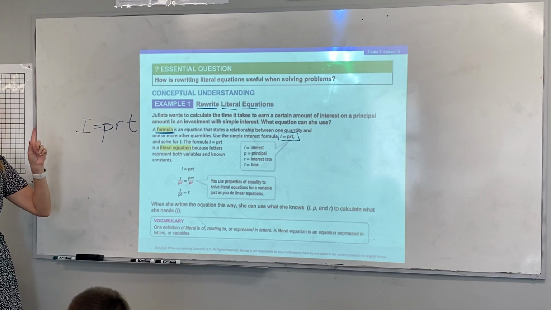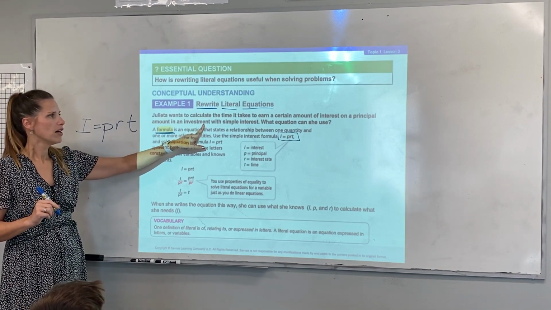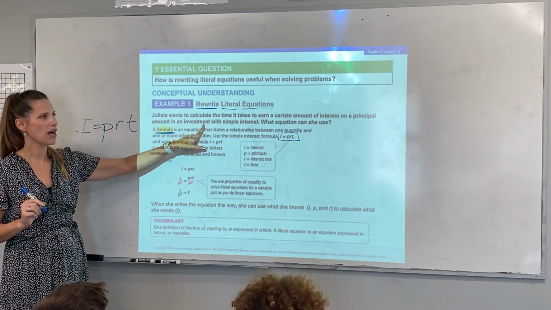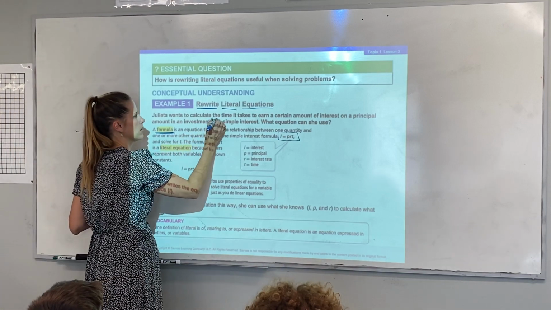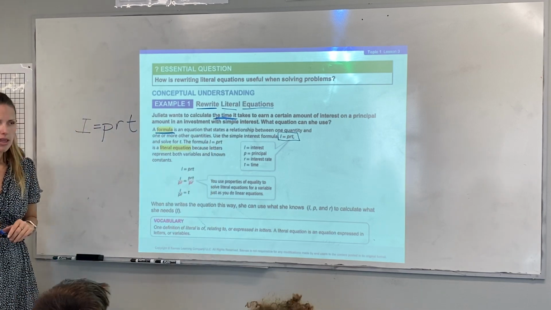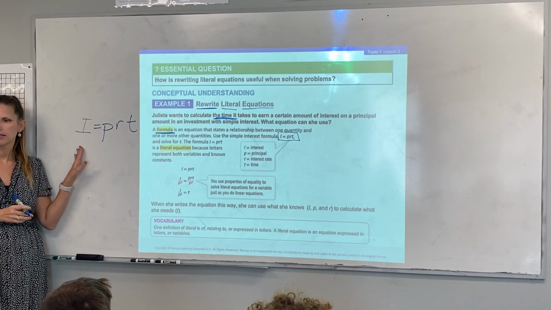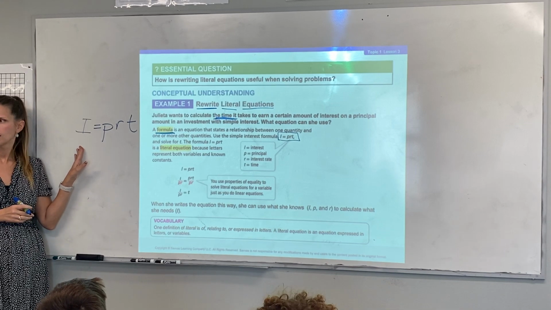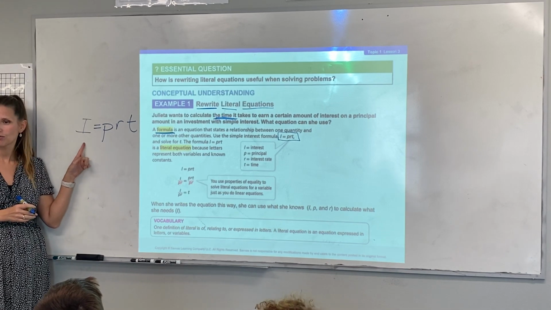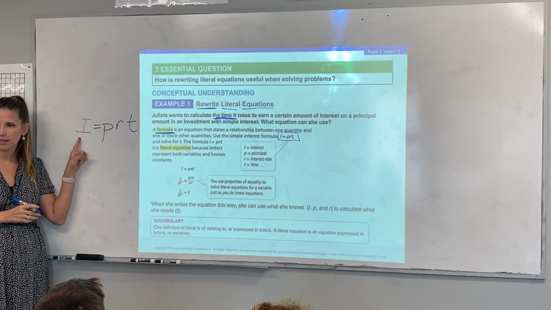Now, let's go back to our problem over here. The very important part is this. She wants to calculate the time. This formula is set up to calculate the amount for the interest, because this is the variable that is isolated, by itself.